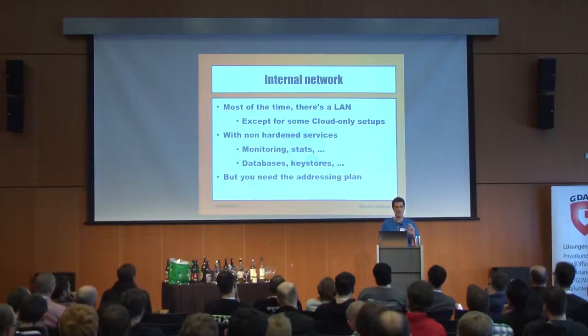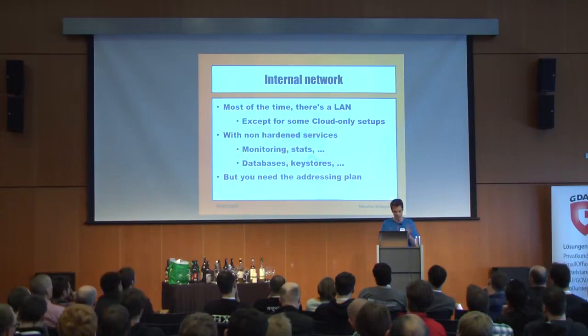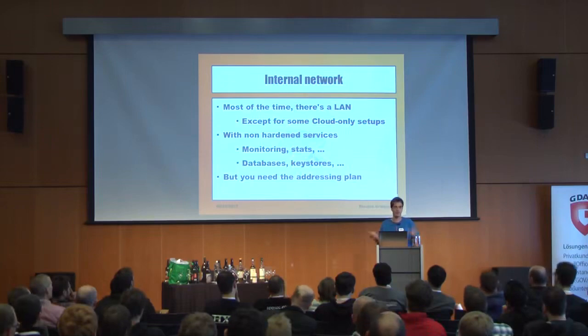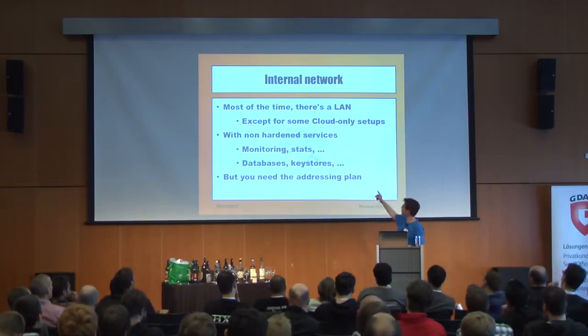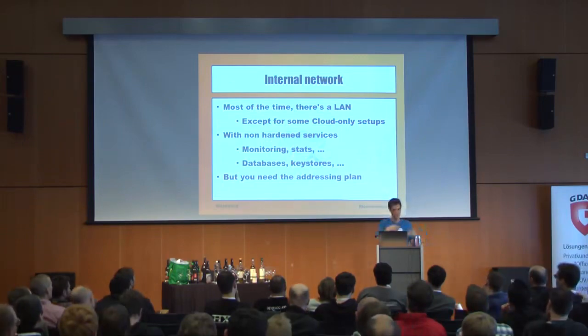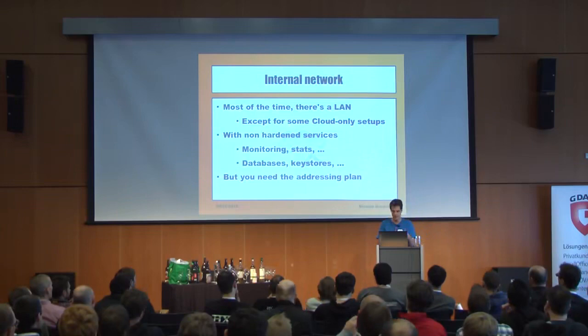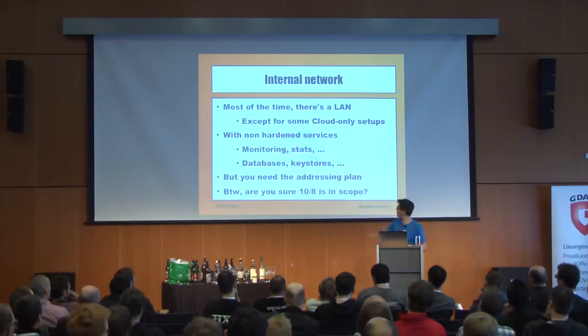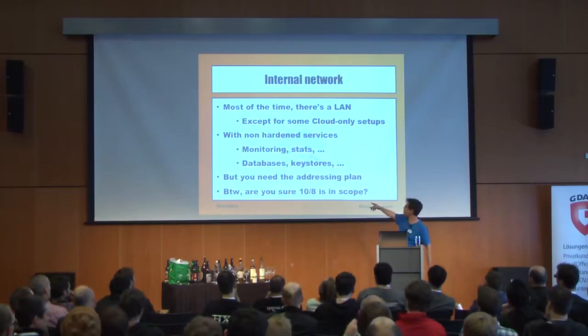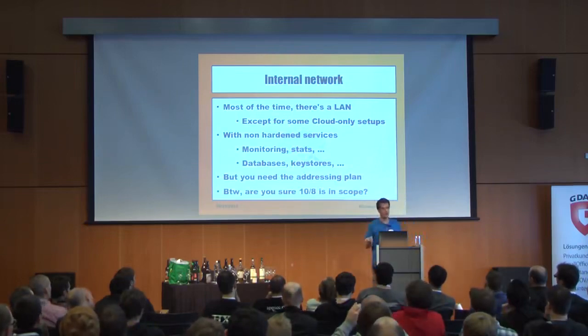Maybe your SSRF vector has some rate limitation, so you can do only 100 requests per day or per hour or per minute. So then you go to Google Groups and you look for all posts from a sysadmin, like "I'm running on this IP address," and this is the kind of information you are looking for. Okay, and by the way, this is always the same problem. Maybe the internal network is not in scope.